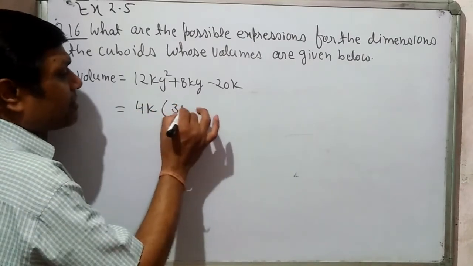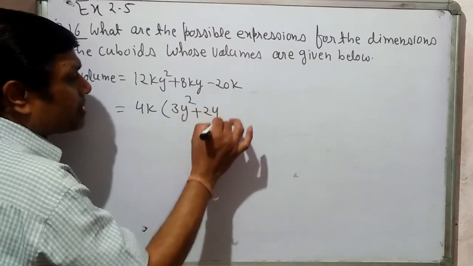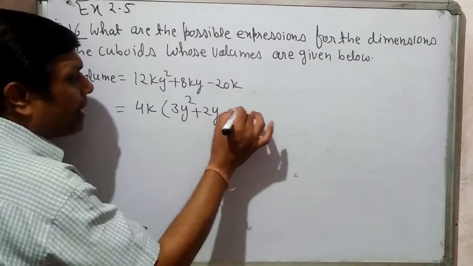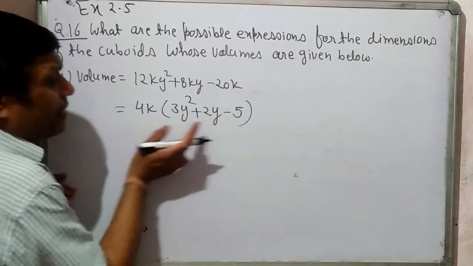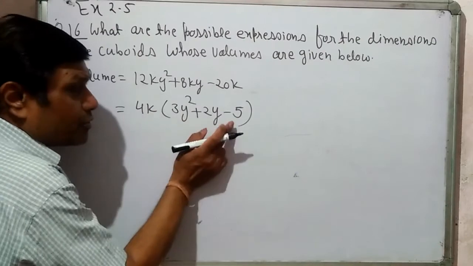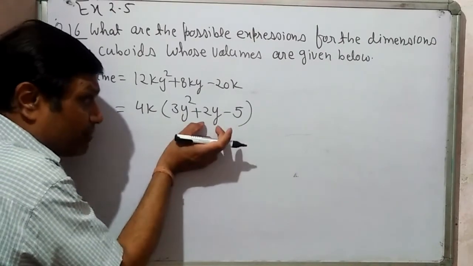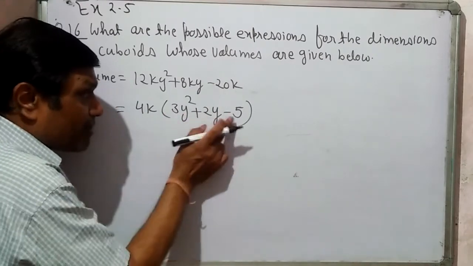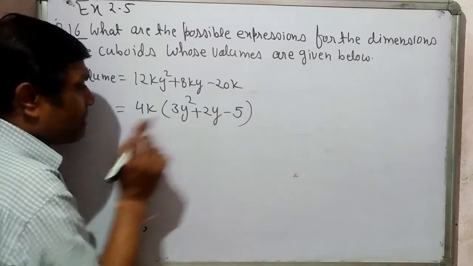What we are left with is 3y square plus 2y minus 5. Now we see that 5 minus 3 is 2. Since the third constant term is negative, we have to split the middle term as a difference. It's 15 and the difference is 2. So we'll use 5 and 3.